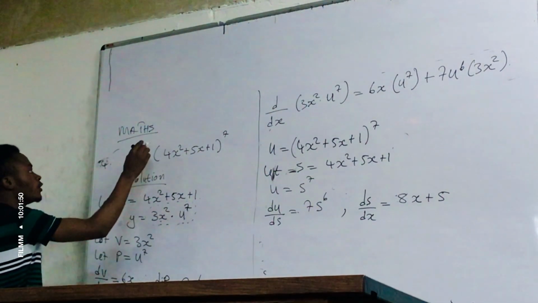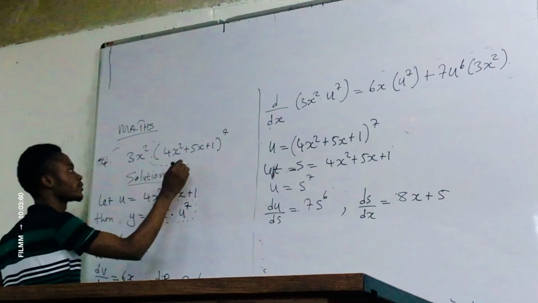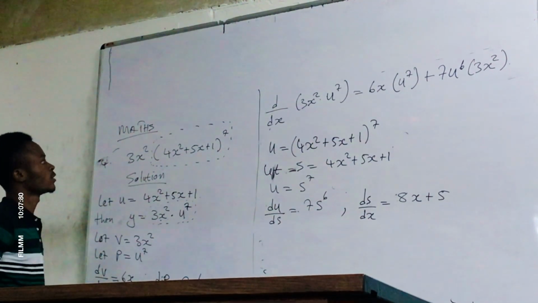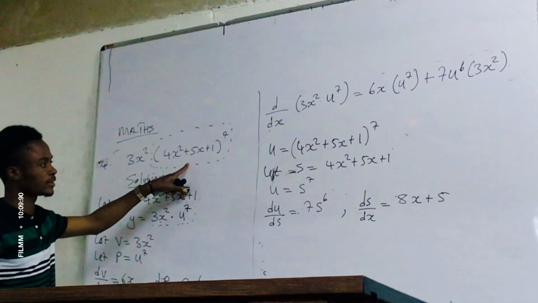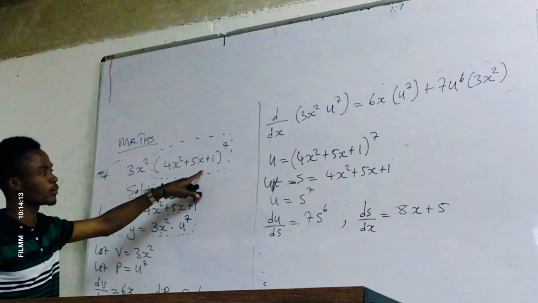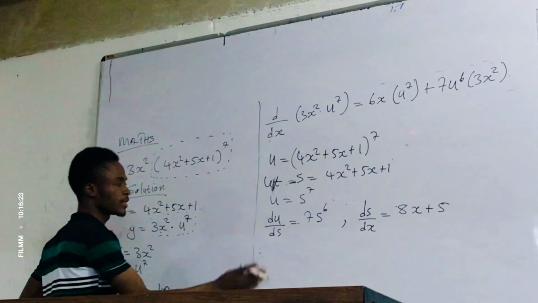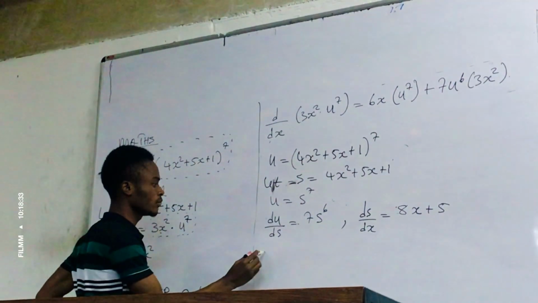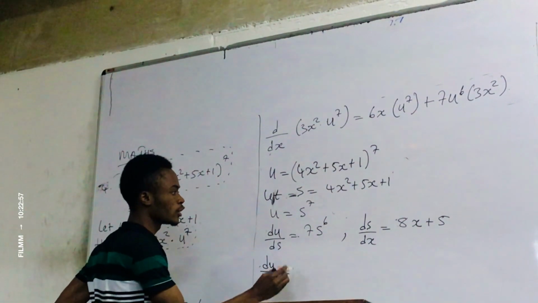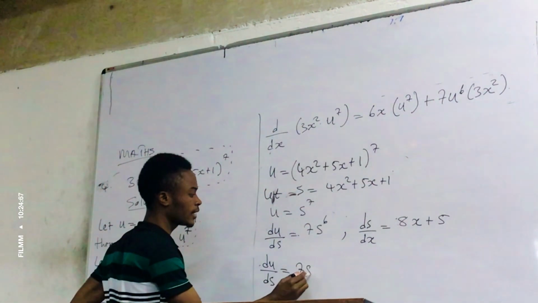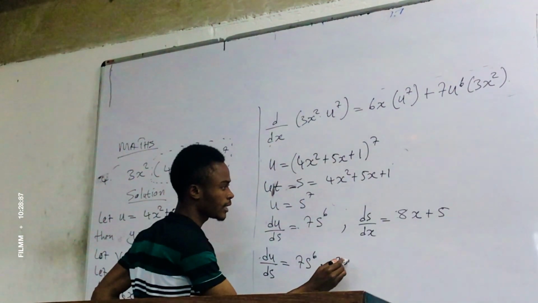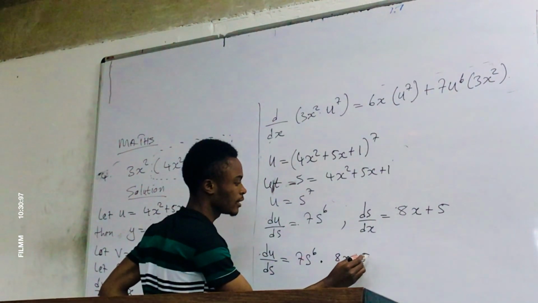So when you look at this guy, for you to work it out, you need to use the chain rule. So we use the chain rule here. So you say du dx is equal to 7s to the power 6 dot 8x plus 5.